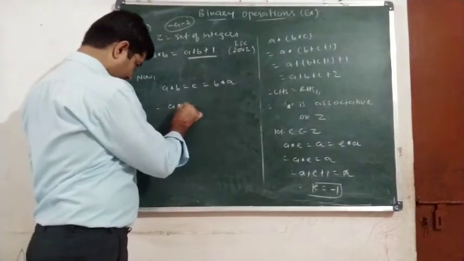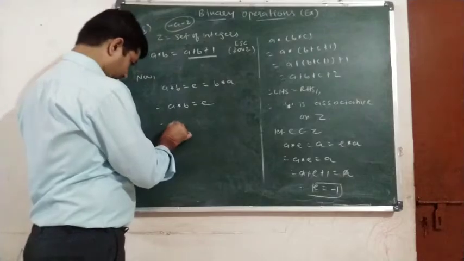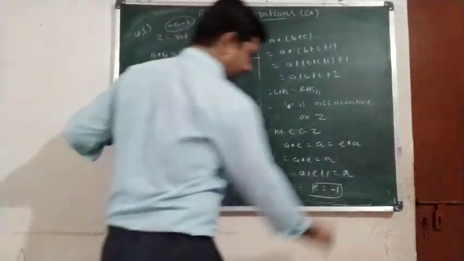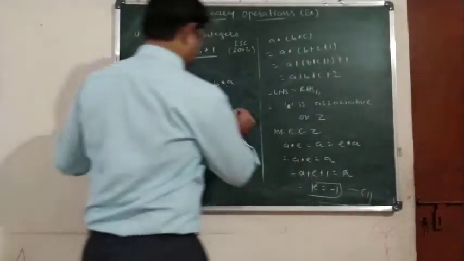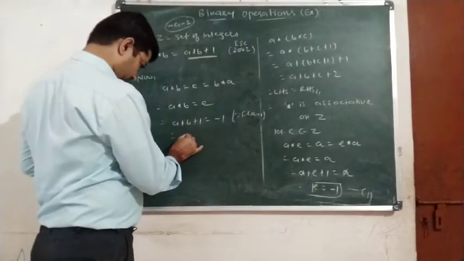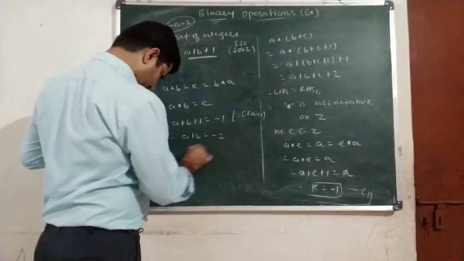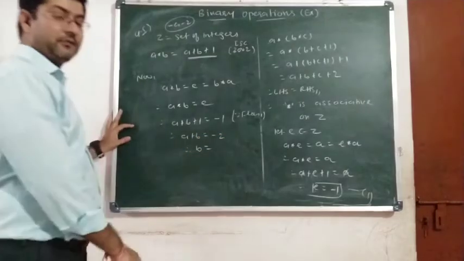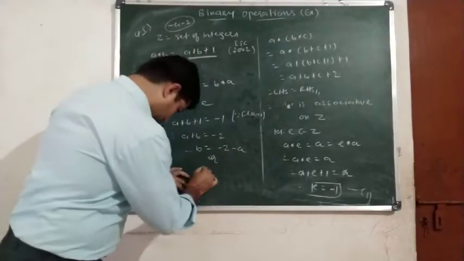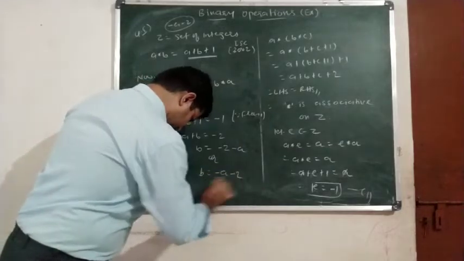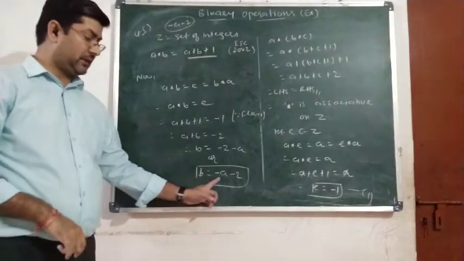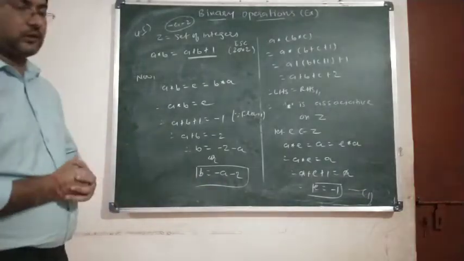Therefore A plus B plus 1 is equal to minus 1, because the value of E is minus 1. From this we can write A plus B is equal to minus 2. Remember that B is the inverse element of A. So B is equal to minus 2 minus A, or B is equal to minus A minus 2. Hence proved that the inverse element of A is minus A minus 2. Note down quickly.